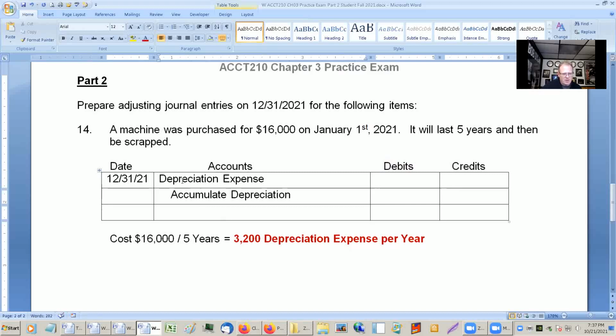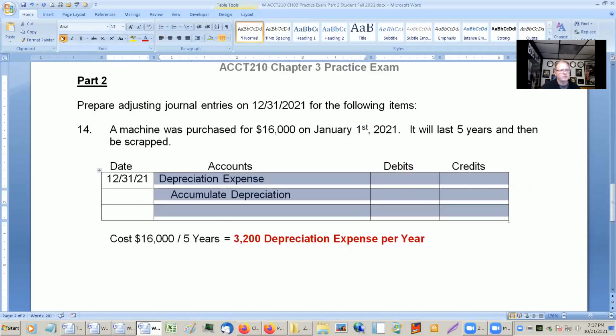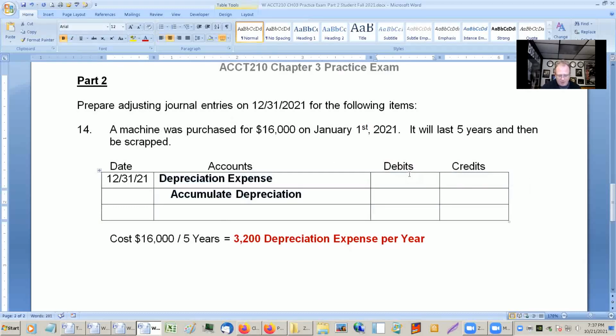So this will be depreciation expense. Let's put a dollar sign in there. So $3,200. And again, expenses are debits. Oh, it was debit, yep.